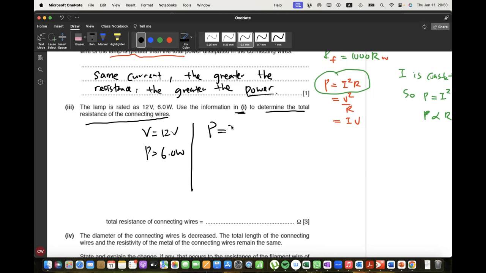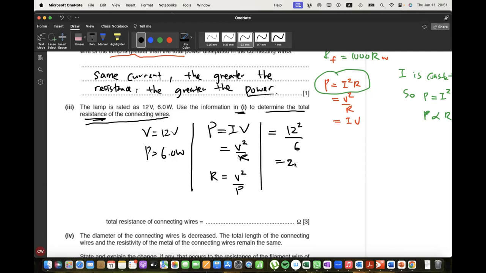IV. Can we use V squared over R, because we need to find resistance? Can you find the R? V squared over P. What is 12 squared over 6? It is 24.